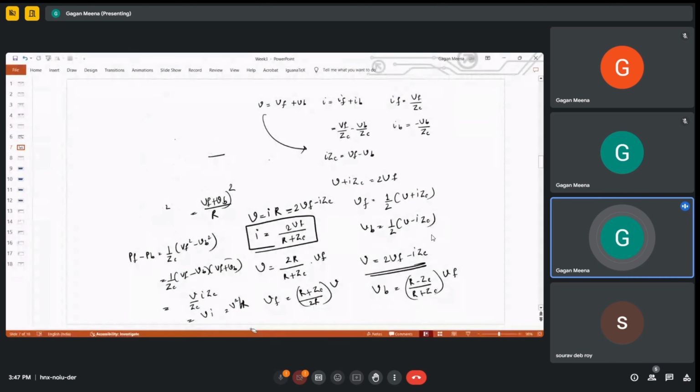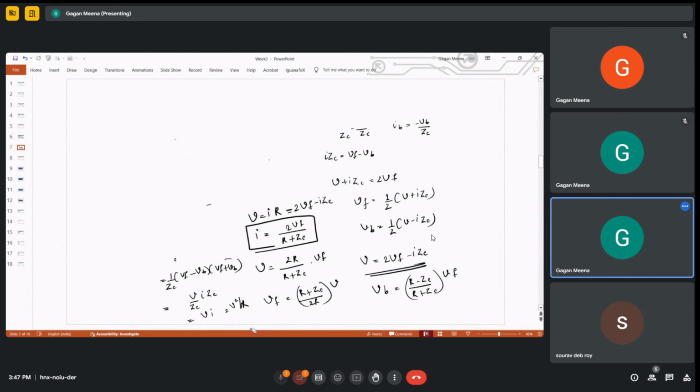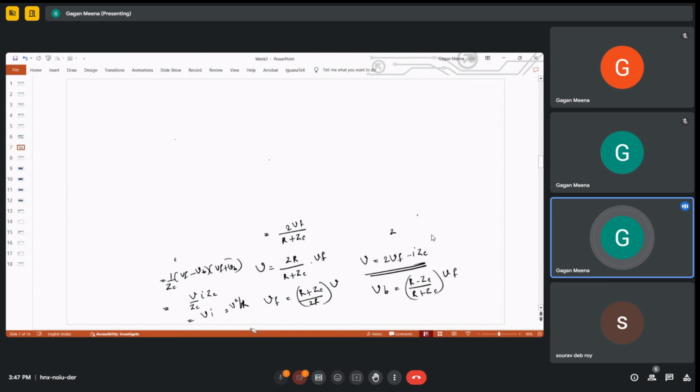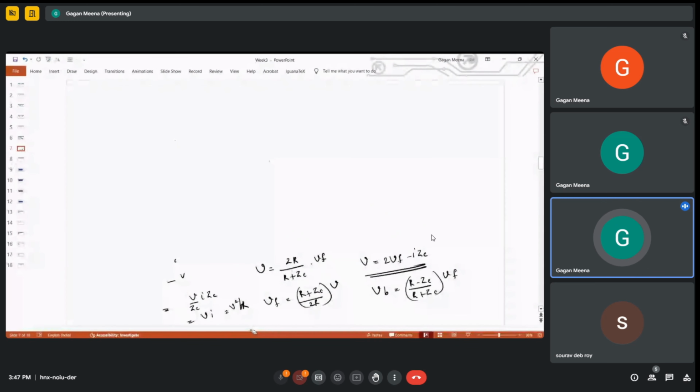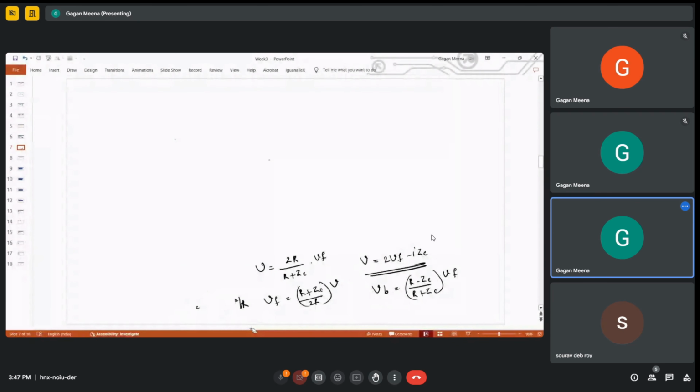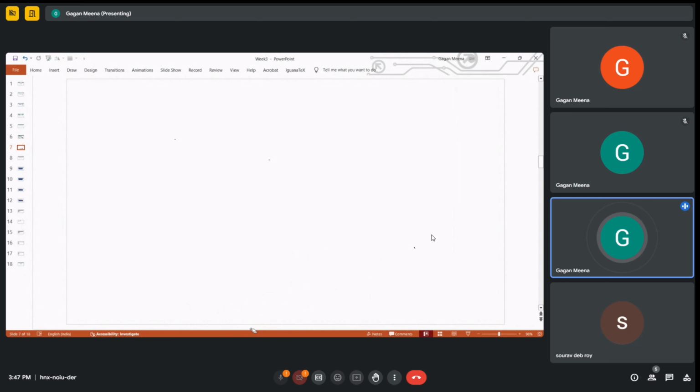Now the main thing which we saw in this week was the refraction and reflection coefficients. Because we have assumed that whenever there is a termination, a part of the waveform is transmitted to the termination, and a part of the waveform is reflected back to the same line.